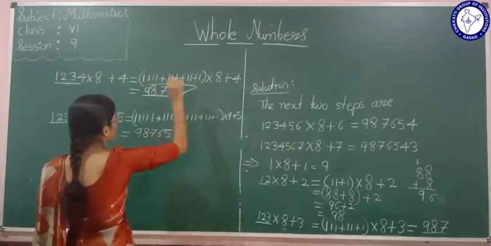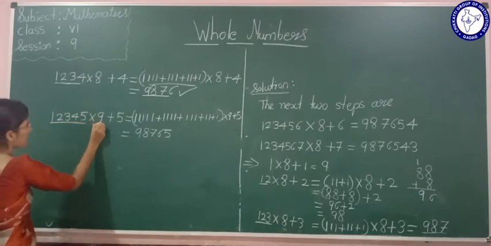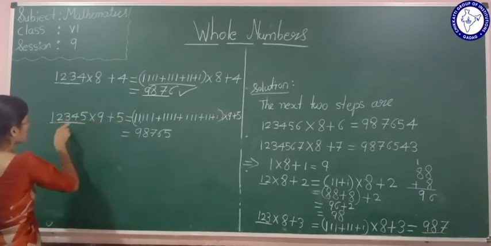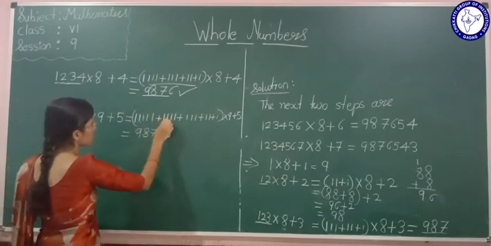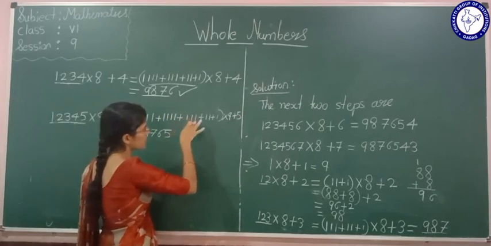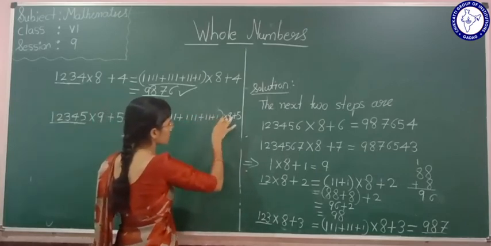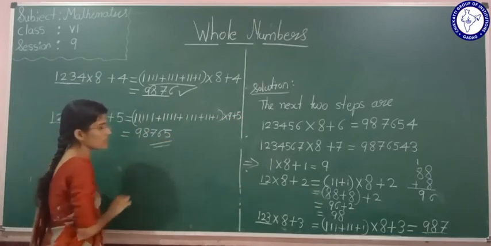Next, 12,345 can be written as 11,111 plus 1,111 plus 111 plus 11 plus 1, multiplied by 8. If you add 5, you are going to get your answer.